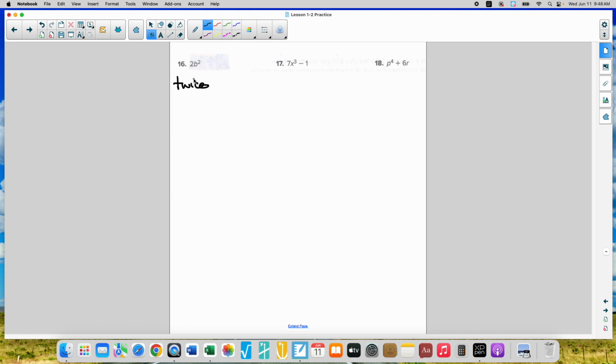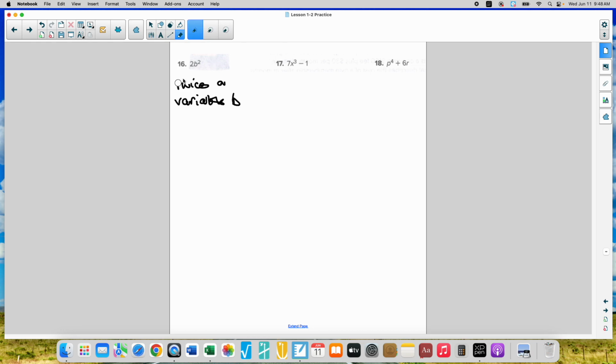Twice the product twice. Can we do twice a variable b squared? Twice a variable b squared. That looks like we would do 2 times b and then quantity squared.